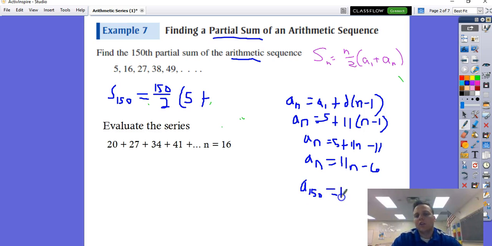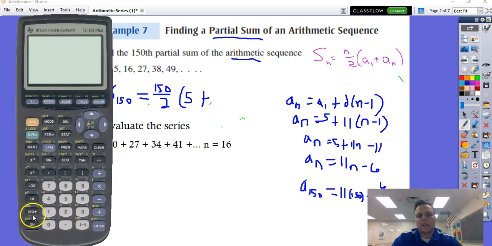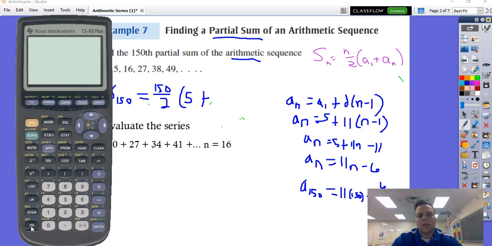So the 150th term is just simply 11 times 150 minus 6. I don't know if y'all can see this, but I can't write over my face. So 11 times 150, we can do that in a calculator. So we turn the calculator on. 11 times 150, and then I need to subtract 6.